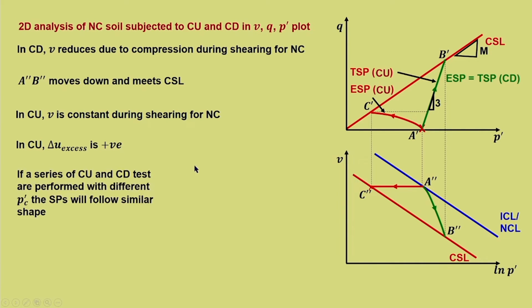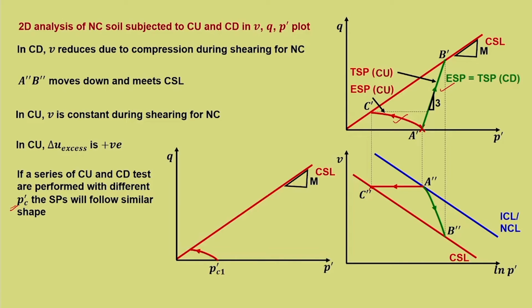Now, if a series of such CU and CD tests are performed with different P dash C, that is the initial effective mean stress, then the stress path will follow a similar pattern. So, this is the pattern, or the trend, in which the TSP and ESP would move. So, this is the ESP for drained and this is the ESP for undrained.